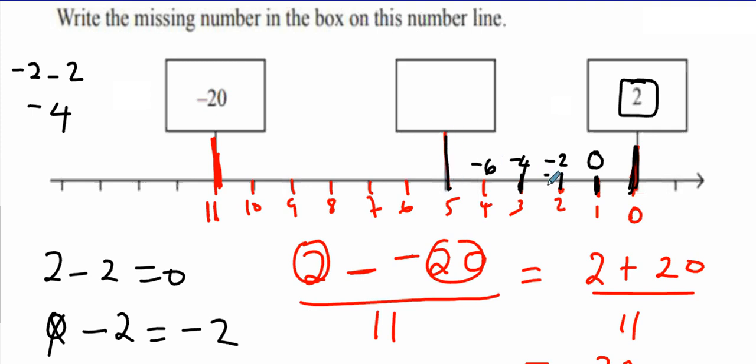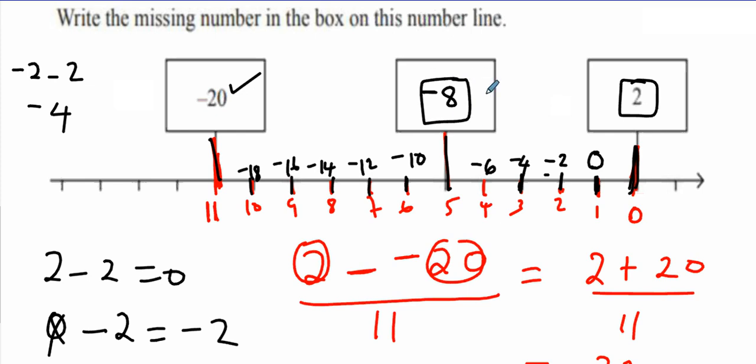Negative 6 minus 2 will be negative 8. Negative 8 minus 2 will be negative 10. This will be negative 12, negative 14, negative 16, negative 18, negative 20. So the missing number here is negative 8.